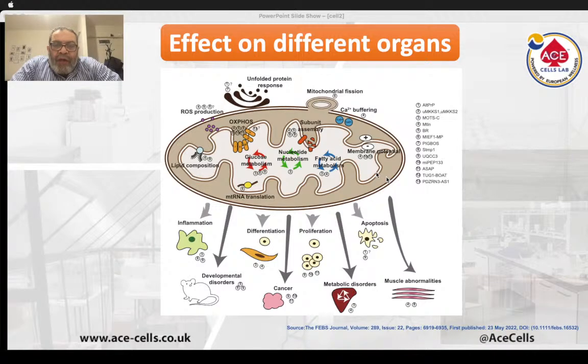However, if these enzymes are not present and disturb the apoptotic process, this will enhance formation of cancer. Some of these peptides, if absent or increased or decreased, will lead to metabolic disorders. Some of them will lead to muscle abnormalities.